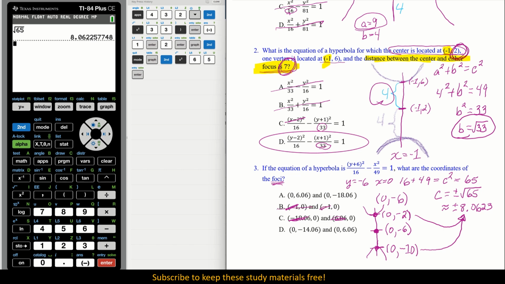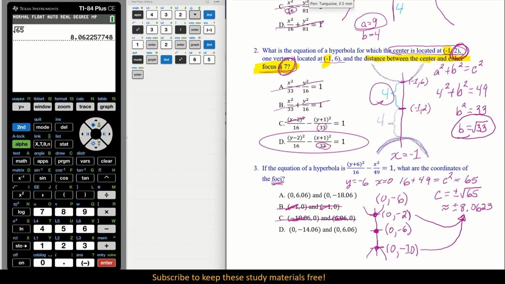So B and C are out. Now, A and D have the zeros correct. Their x equals 0 is correct. But we needed to say plus or minus to get our y values to get the correct vertices. Well, I don't mean vertices, I mean foci. We're looking for the correct foci.